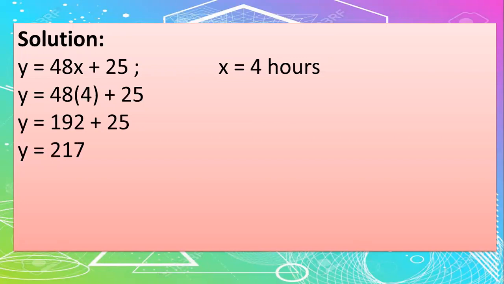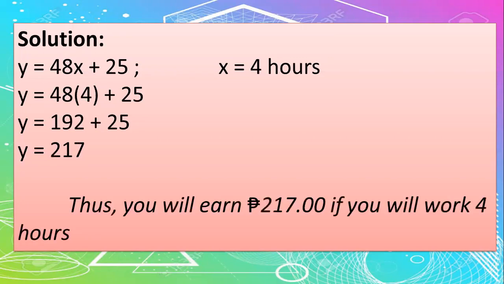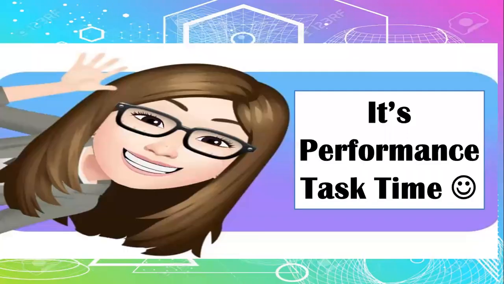So y is equal to 217. So with this kind of solution, we can get the answer of 217 pesos is the money that you will earn if you will work for 4 hours. So that's a simple application of this lesson po in our real life situations.